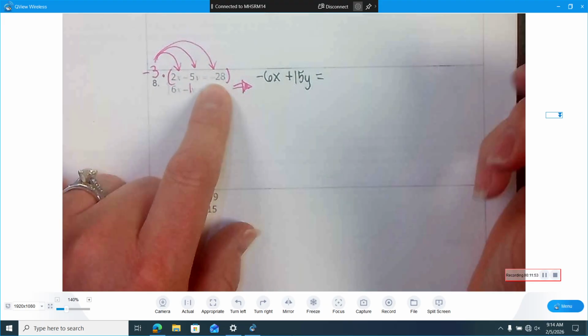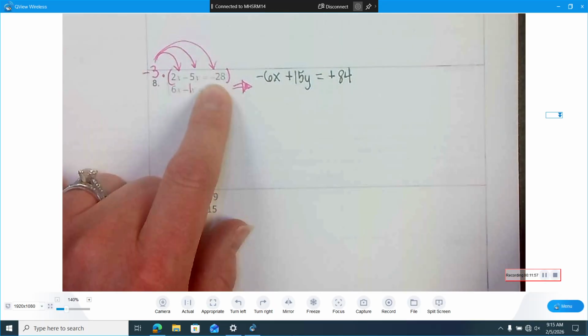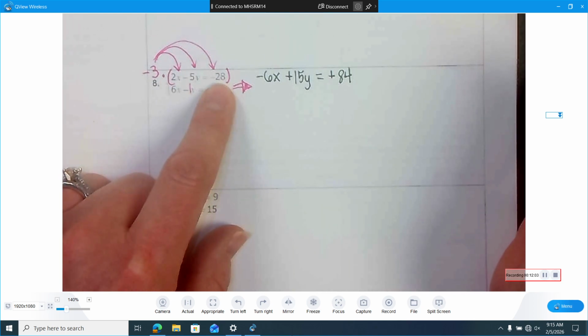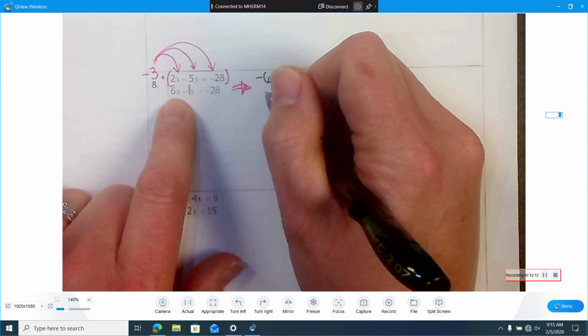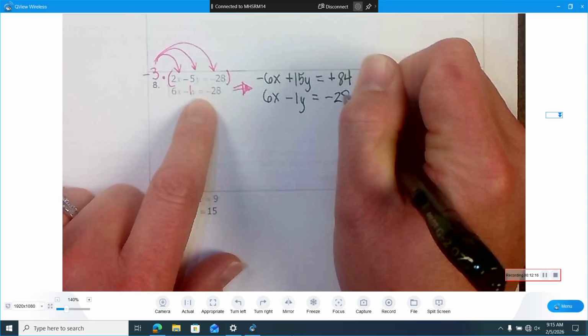So yeah, positive 84. -3 times -28. Negative times negative should give me a positive, yeah? All right. And then on the bottom, I'm not changing that equation, so 6x minus 1y equals -28.